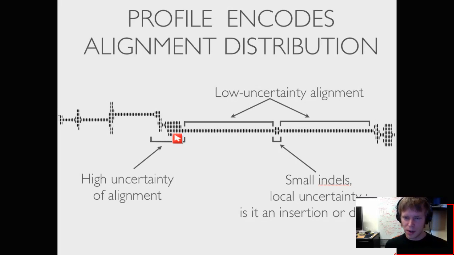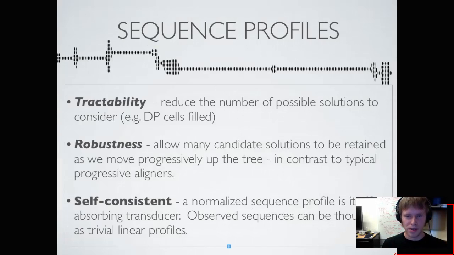So this gives us a nice summary of the alignment space, but it also allows us to maintain tractability for proceeding up the tree. Instead of storing all of the possible solutions, we can store this alignment profile that we can then align with other subtrees and continue up the tree. All right, so like I said, tractability, robustness, it allows us to store multiple solutions.